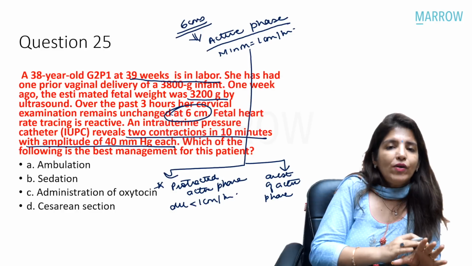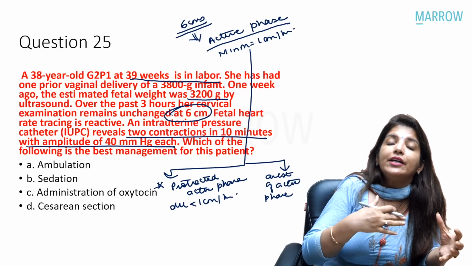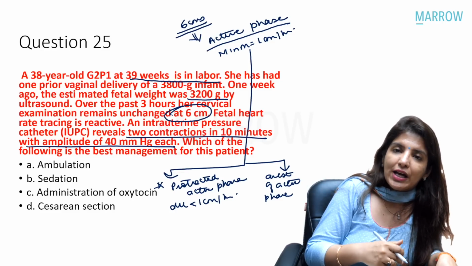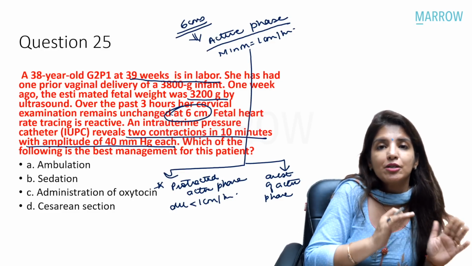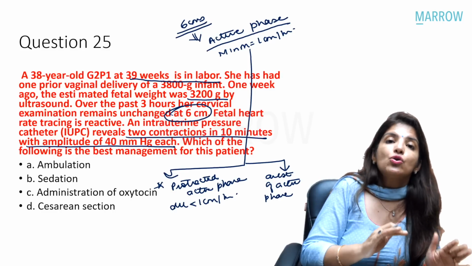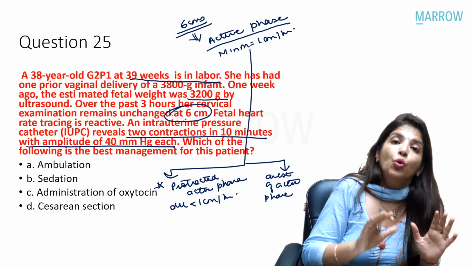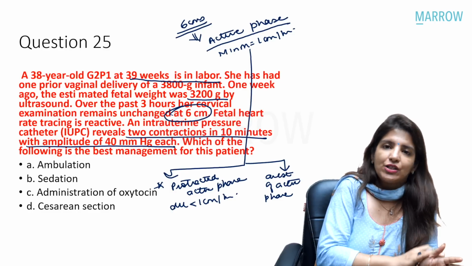Now, over here, the dilatation is not happening at all. She was 6 centimeters dilated 3 hours before, and just now also she is 6 centimeters dilated. So, is this a case of active phase arrest? No, it is not a case of active phase arrest.